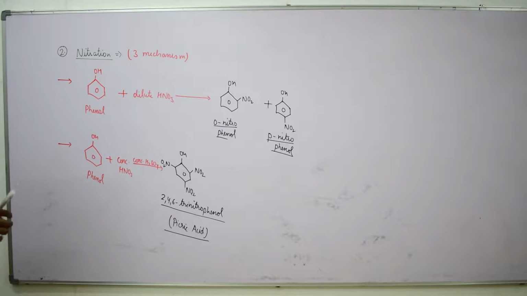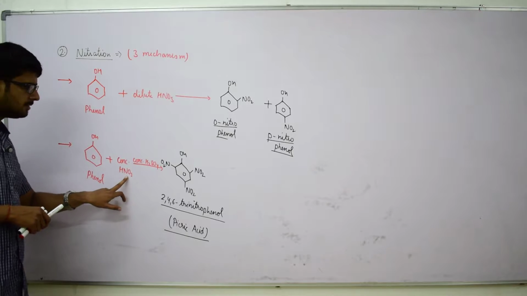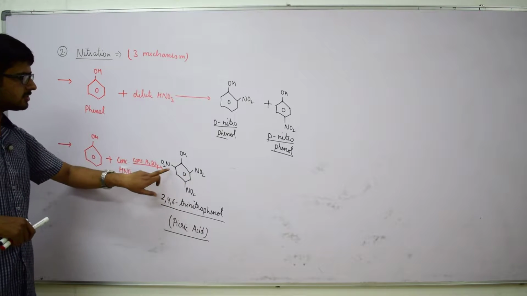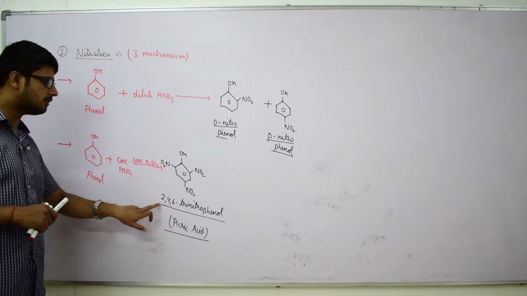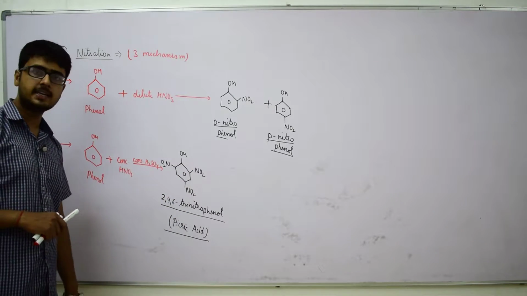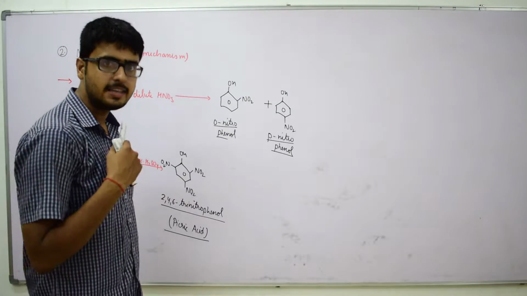So, in the second mechanism of nitration, 2,4,6 substitution takes place by nitro group and leads to the formation of 2,4,6 trinitrophenol, commonly called picric acid, and this picric acid is highly explosive in nature.